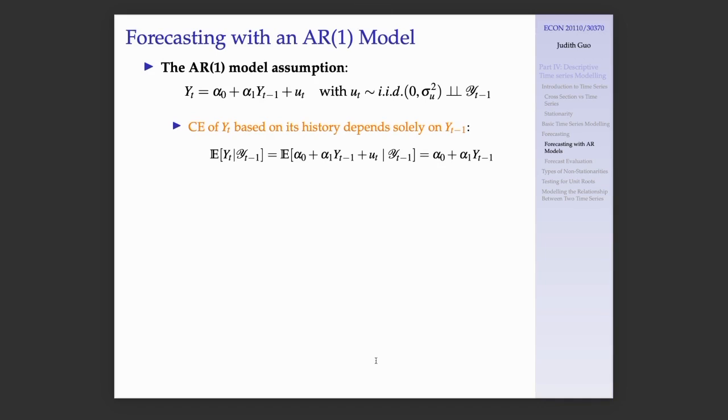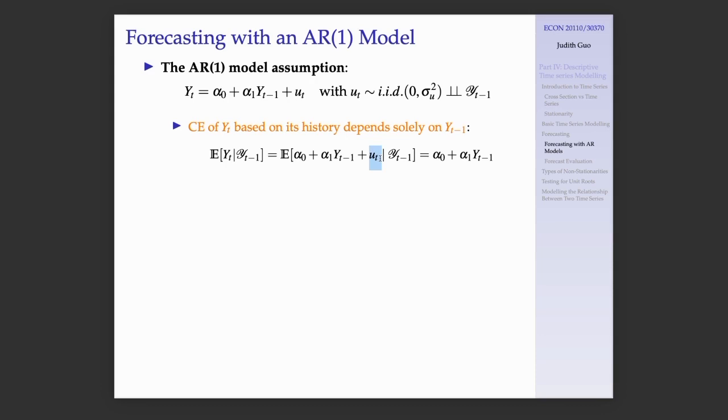And recall that the immediate consequence of having such a model is that the conditional expectation of Y_t based on its entire history up to t minus 1 depends solely on the immediate path, Y_{t-1}. Okay? This is because U_t is independent of all past history. So the conditional expectation of U_t given all paths is essentially 0.